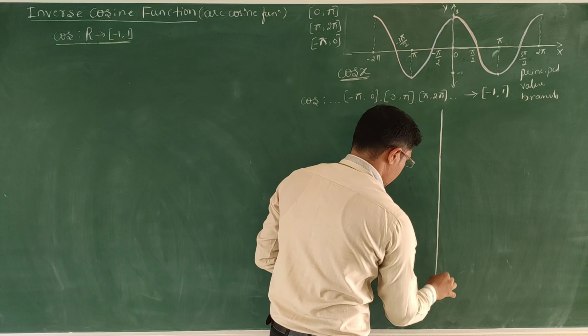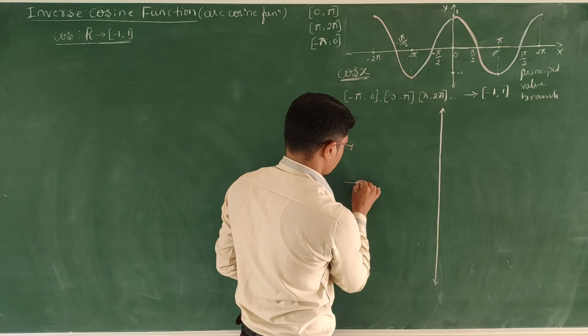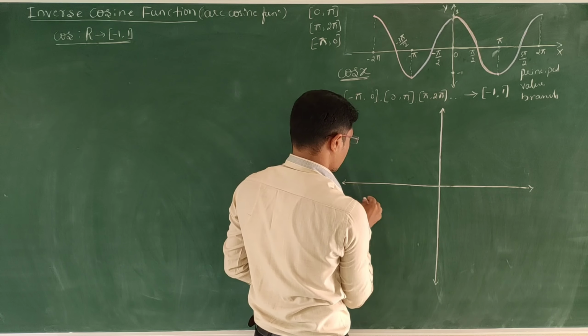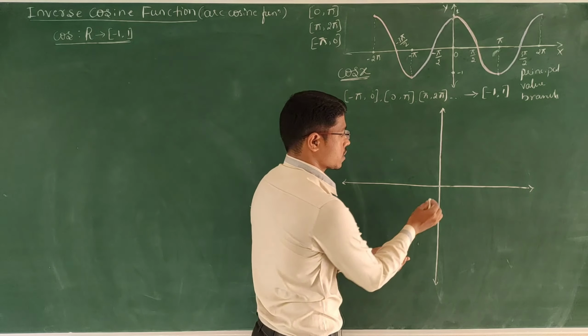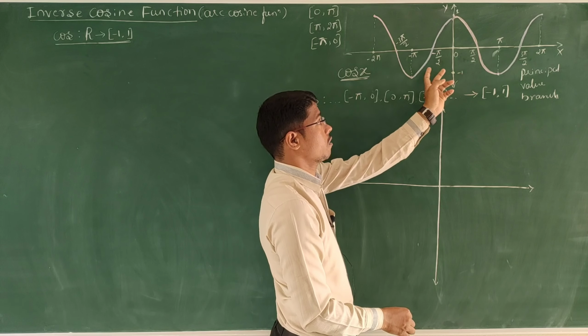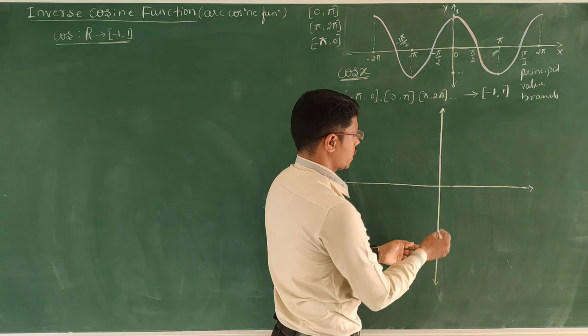inverse cosine function graph. This cos inverse is obtained by just interchanging the values of cos, interchanging the x and y axes.